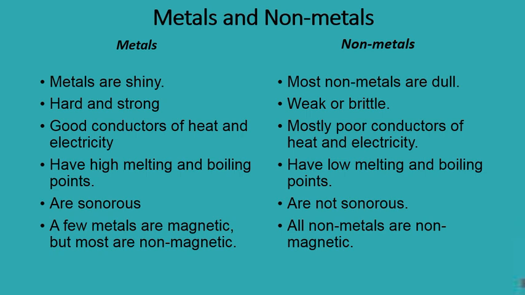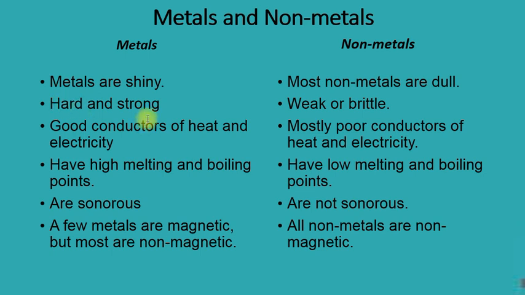These are the metals and non-metals. The difference between metals and non-metals: I told you about many of the metals and non-metals. Metals are shiny, but non-metals mostly are dull. These are the properties of the metals and non-metals. You have to learn them.